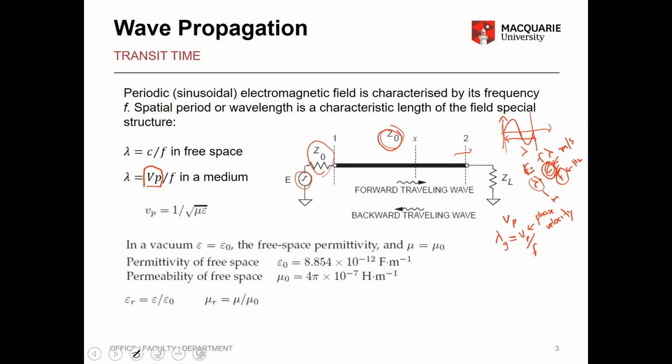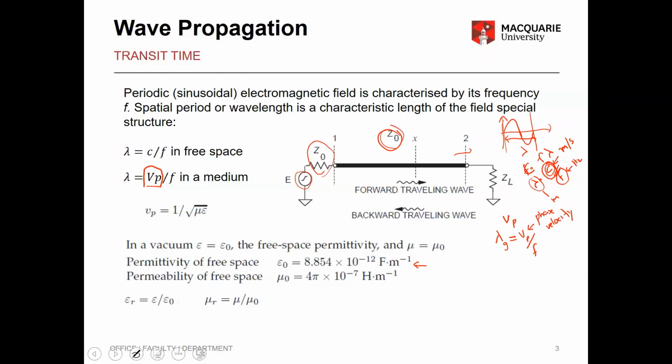Now this Vp we can calculate in different ways. One way to calculate that is Vp equals 1 over the square root of mu epsilon. Now mu is the permeability, and epsilon is the permittivity. So those values are given. In vacuum, epsilon is epsilon naught, the permittivity of free space, and it's given by 8.854 times 10 to the power minus 12.